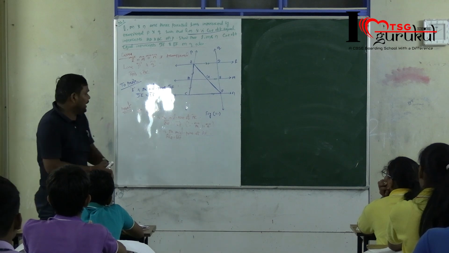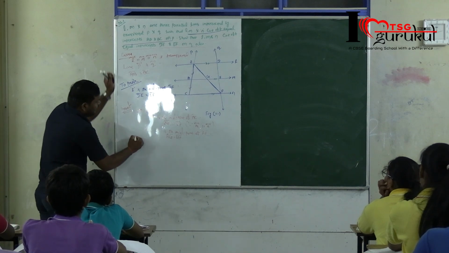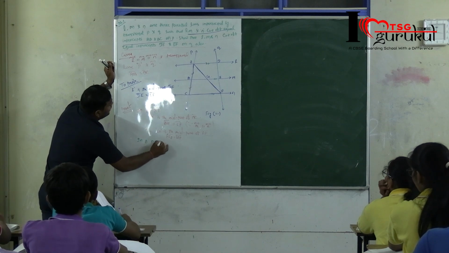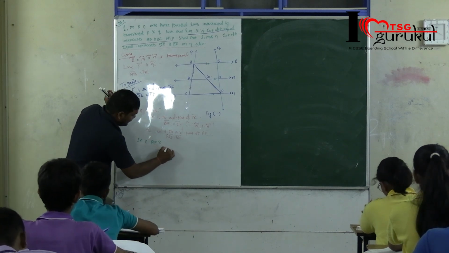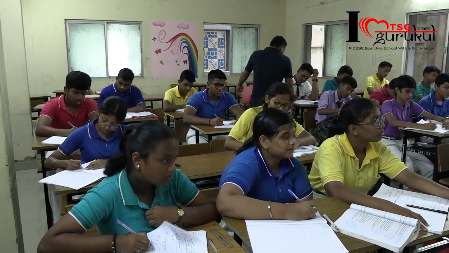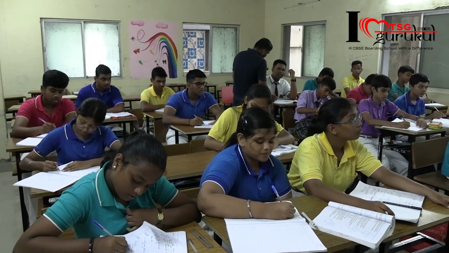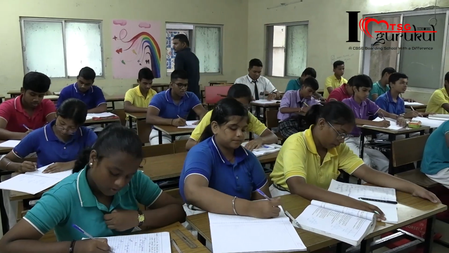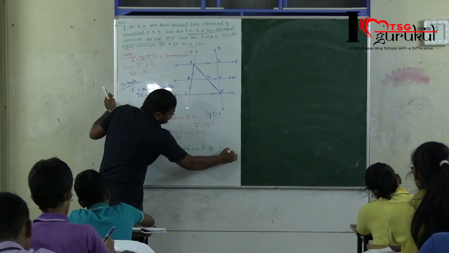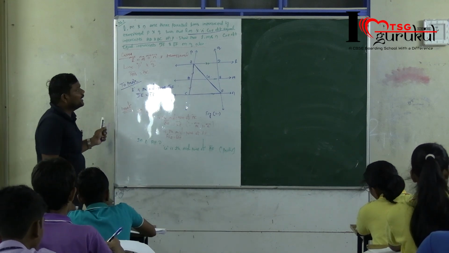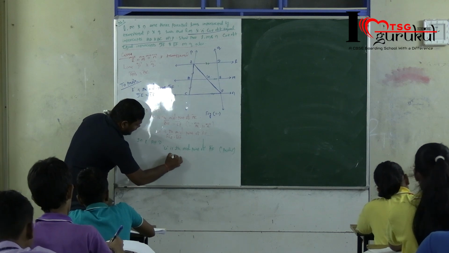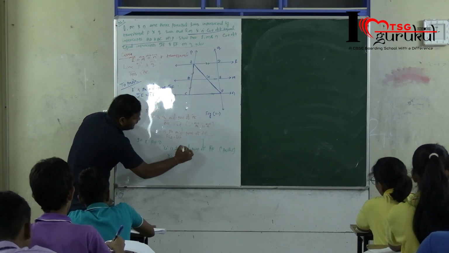Everybody clear? So write again: in triangle AFD, G is the midpoint of AF. Why? Already proved. And AD is parallel to GE. Why?